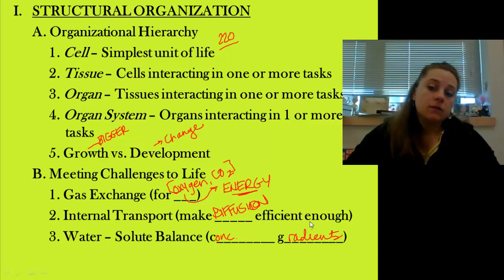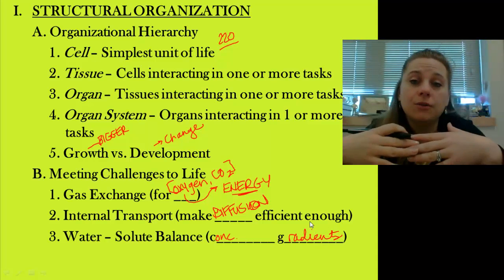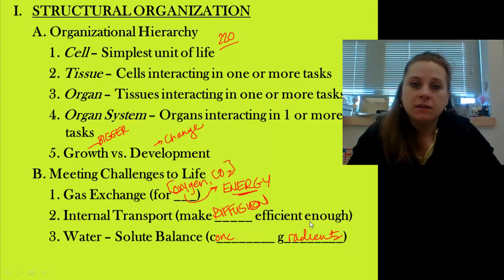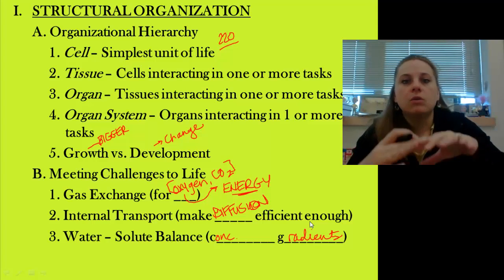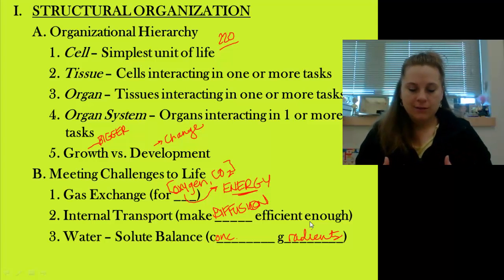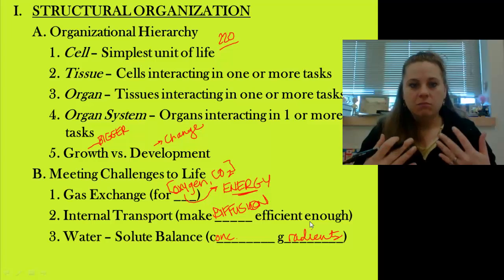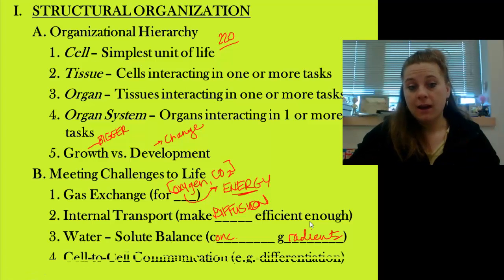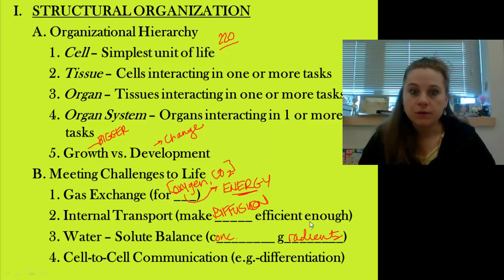And, a lot of these things we've spent the year up till now talking about in pieces, we're going to pull together into seeing how they work in conjunction to help meet these challenges that life has. And of course, that communication from cell to cell is ultimately really vital, okay?